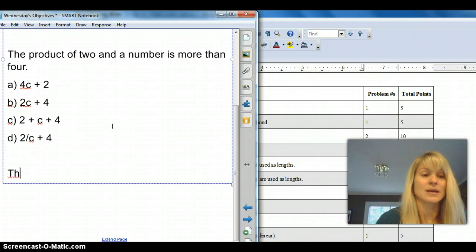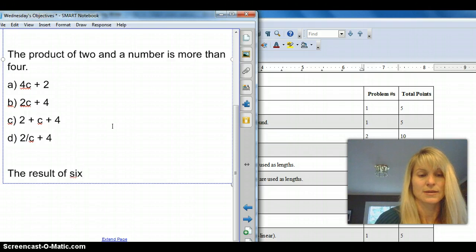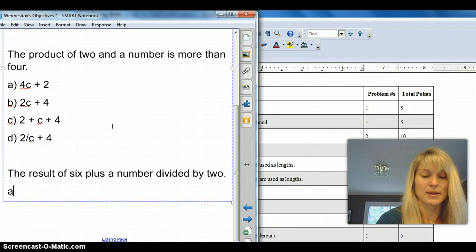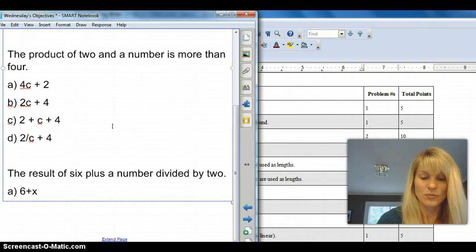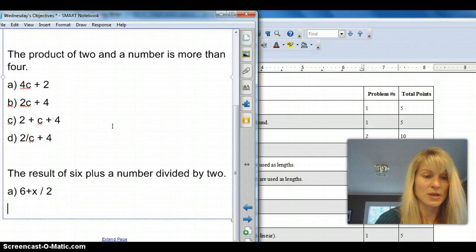So I might say the result of, I don't know, 6 plus a number divided by 2. Okay, so again, what they probably will write would be 6 plus a number, and then divided by 2.